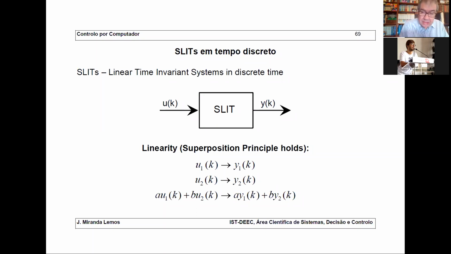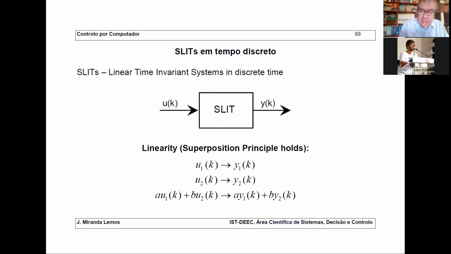Now you can say, well, but I can have a drone or a mobile robot, or even a robot that does not change, it's fixed, but it's a robot. And this is a strongly nonlinear system. Even in that case, you can identify linear systems around different possible equilibrium or operating conditions, and then patch them together, that is to say, making an interpolation of the nonlinear system with linear ones.